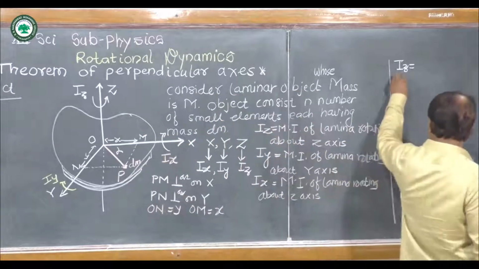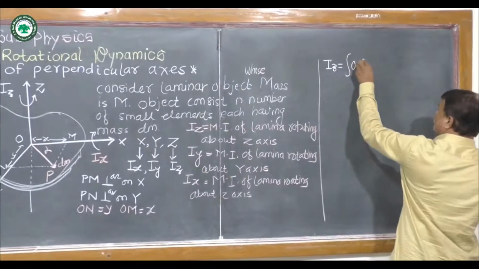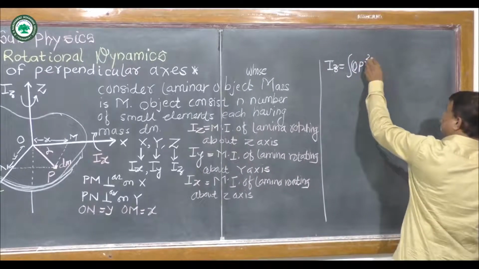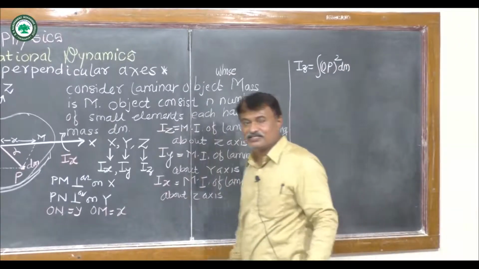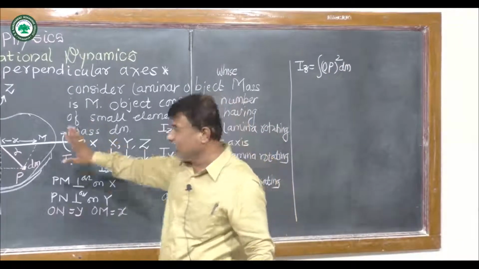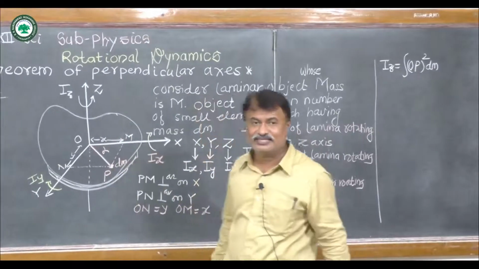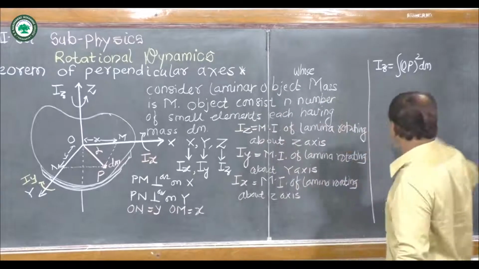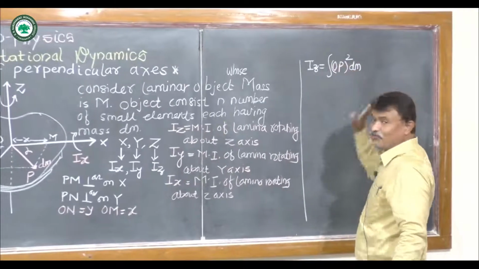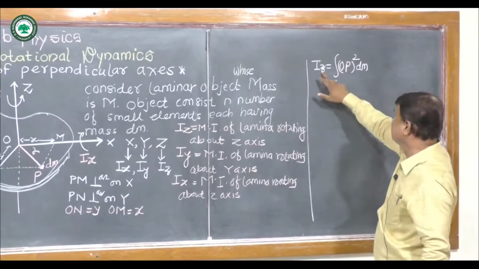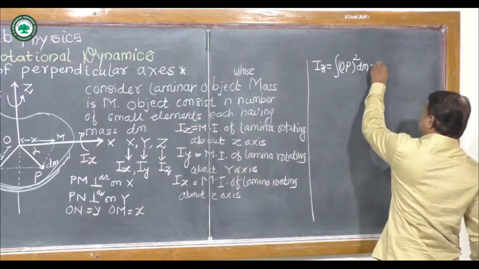So we write Iz is equal to the integration of distance square, meaning OP square into dm. This is the moment of inertia of a plane lamina rotating about the z axis, and according to its definition we take the square of the distance and the mass of each element and integrate all this. So we get Iz is equal to the integration of OP square dm. We get equation 1.